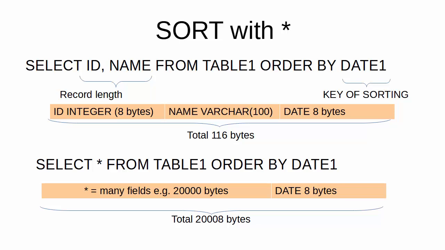If this table is pretty large, for example, the sum of lengths of all fields is 20,000 bytes, in theory it could be up to 64 kilobytes. It means that the total size of the record to be sorted will be, in this example, 20,008 bytes.